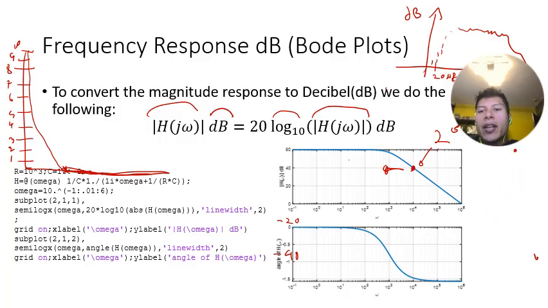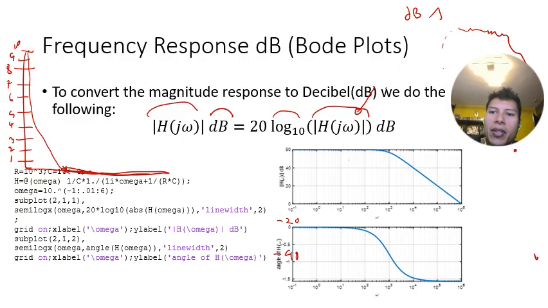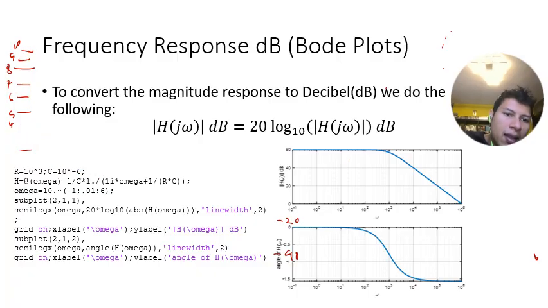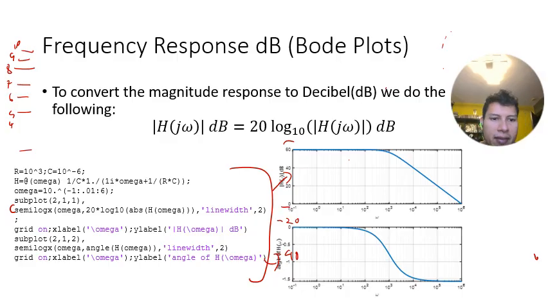Okay, so we're going to take our expression for the frequency response and plug it in here in order to get our expression in decibels. On this slide, you can see on the left there's MATLAB code to generate these figures. If you ever want to generate these kinds of figures, that's what you would write. This semilogx is what generates these kinds of plots.